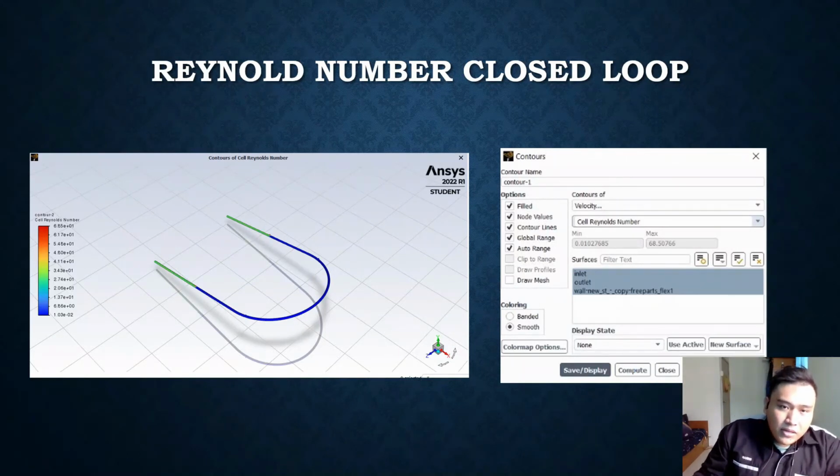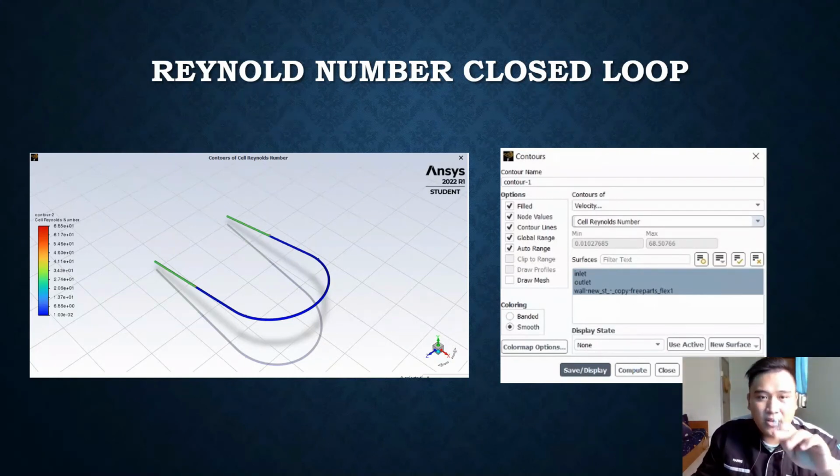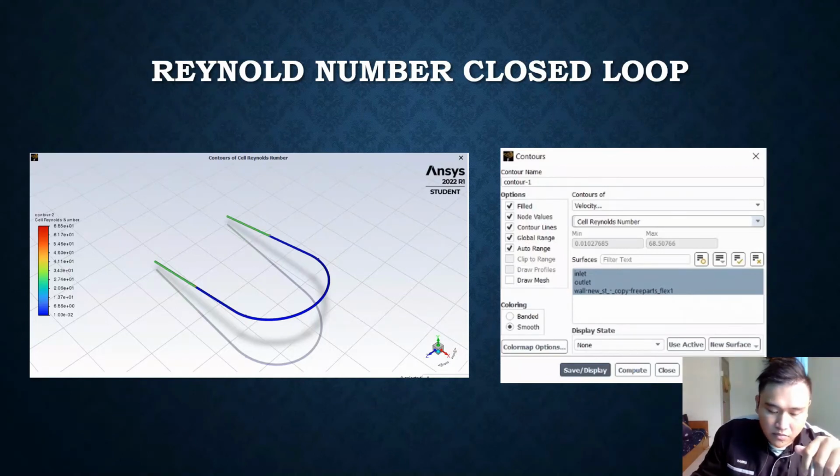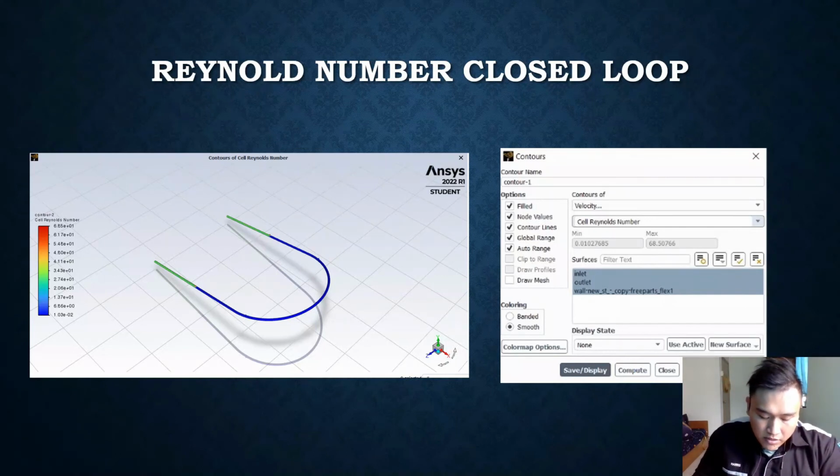As you can see on the graph, the water flows very slowly in the closed loop because of the bend in the rubber hose.